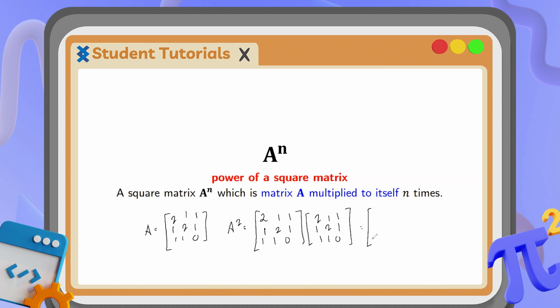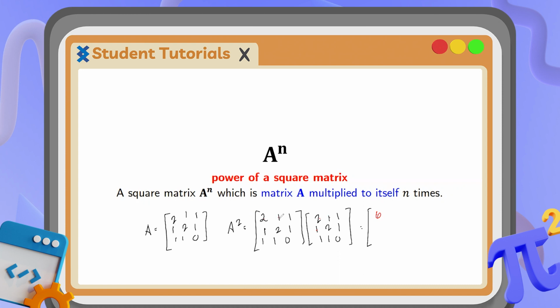So we start again from here, then here. So that would be 2 times 2, 4, plus 1 times 1, 1. So that's 5, plus 1 times 1 is 6. And then 2 times 1 is 2.